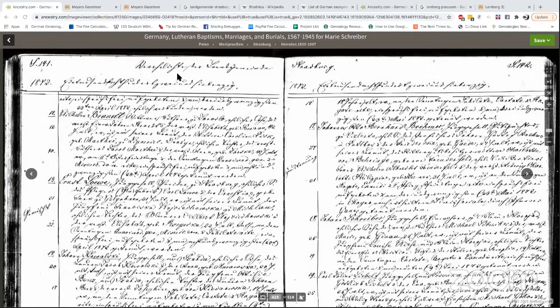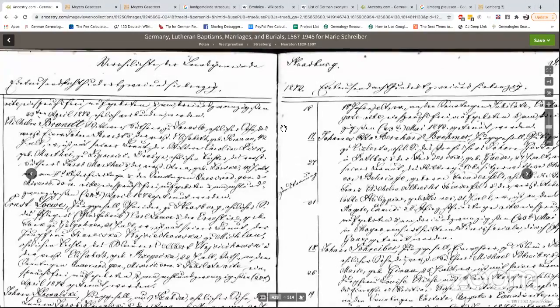This is where it was cut off that I had seen in the document that she sent me. And above it was the location where the record came from. So this is why it's so important to always try to find the entire record, because this very important clue was right here at the top. So that helped me to figure out that her record came from Strasbourg.